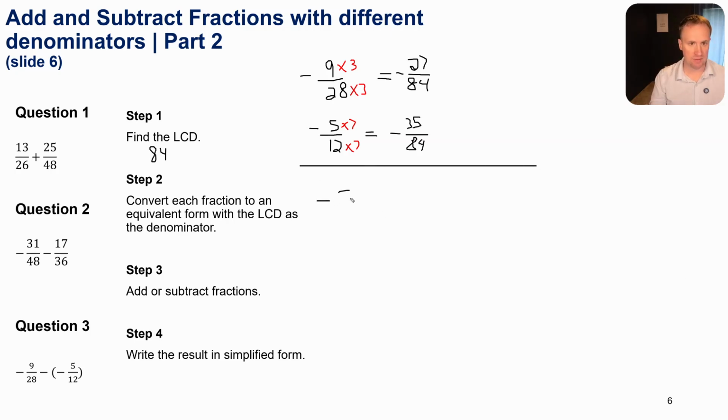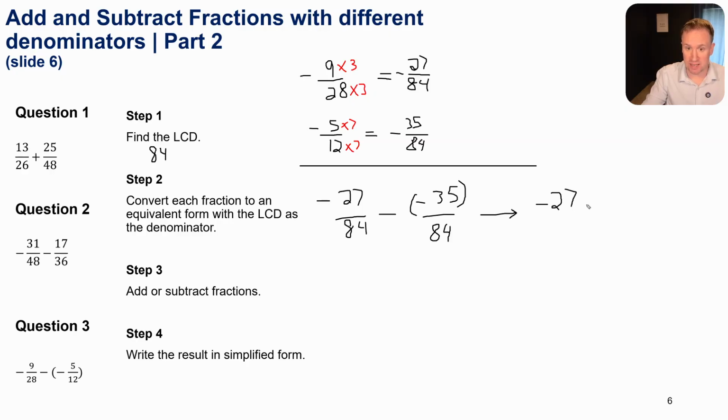We have negative 27 over 84 minus a negative 35 over 84. Okay, so now we have that common denominator. Let's isolate those numerators so we can really see what we're actually doing. So we're doing negative 27 minus a negative 35.